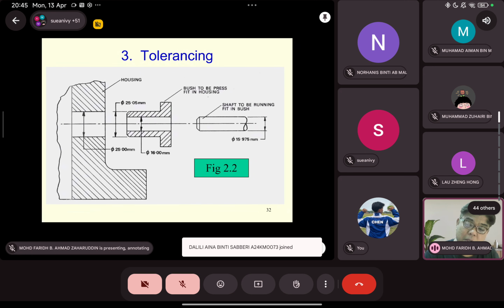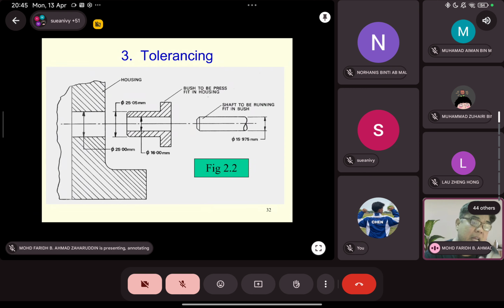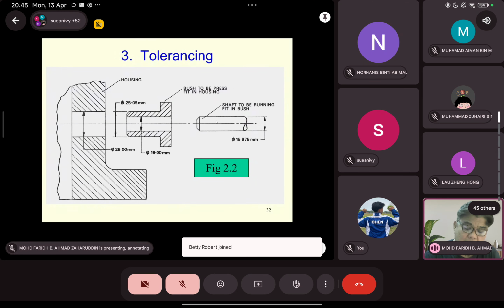That wheel hub, this one, and you see this is the hole. So there must be a bush. Why is there a bush? Because the friction is between this bush and this shaft, not between the hub and the shaft. Why? The hub is made from casting.